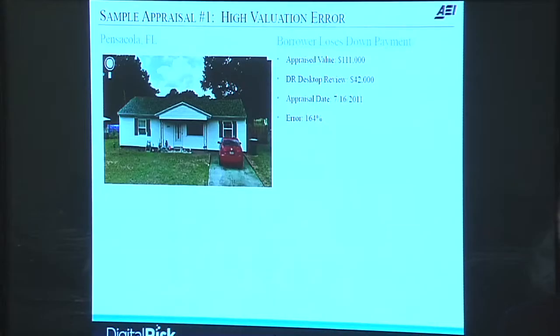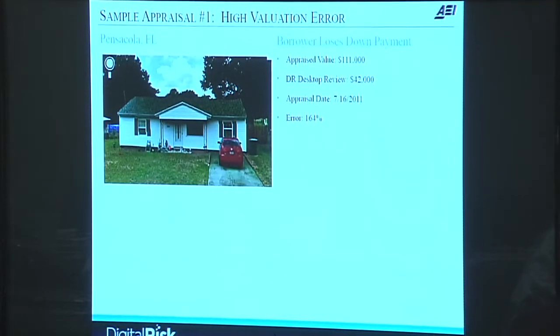This is actually a house in Pensacola, Florida. It was appraised as $111,000. Our review determined it to be worth $42,000. Now, our review was based upon comps at the time that were similar to the subject property, all the standard appraisal methodologies in play, with adequate access to data on the entire market.